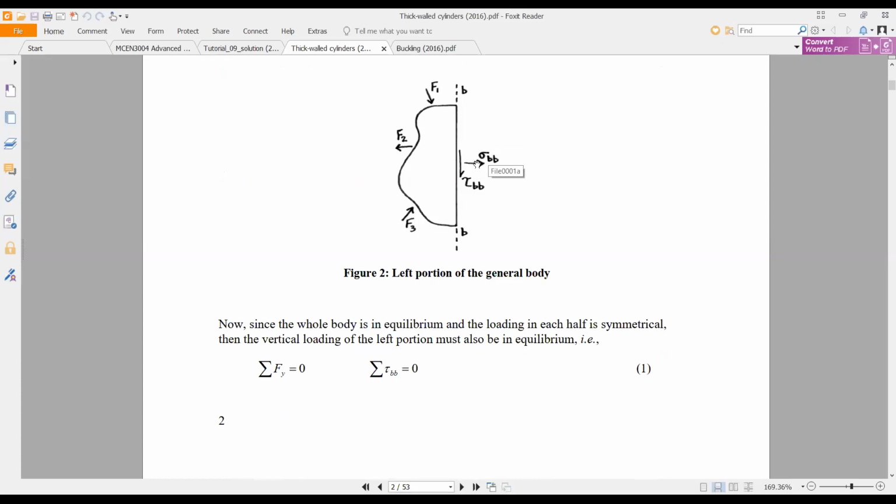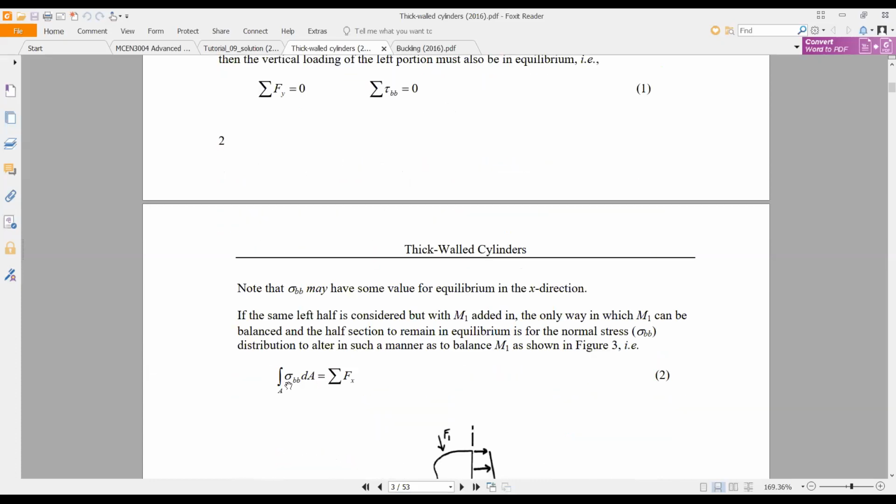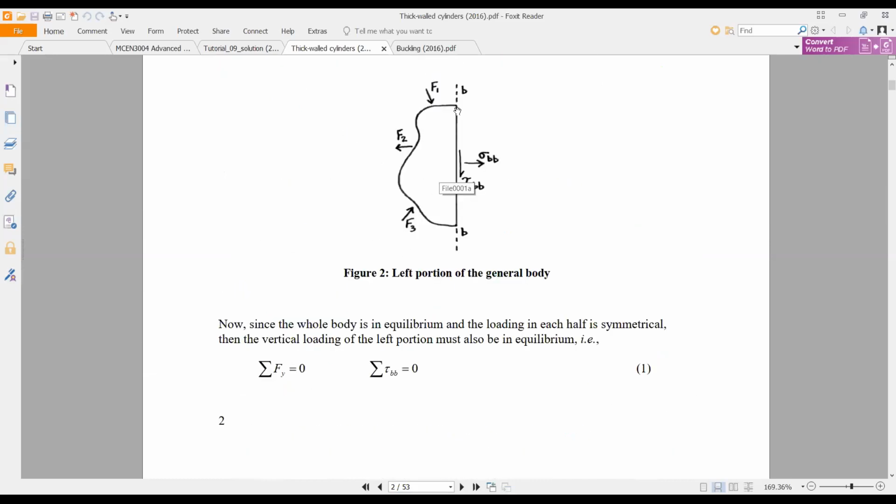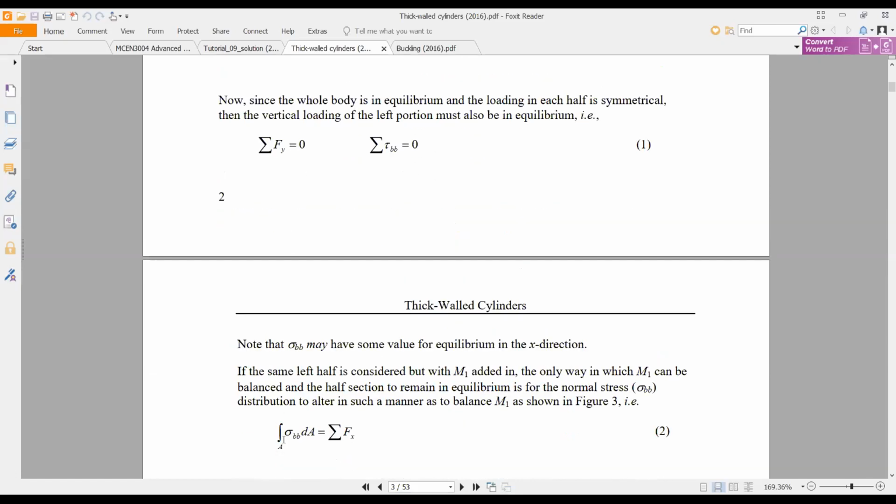If you convert this stress to force, you need to multiply by the cross-sectional area. So you can see here the sigma BB and the area as an integral, because you can integrate over the BB plane and you can get the area. Okay, that's why there is an integral.